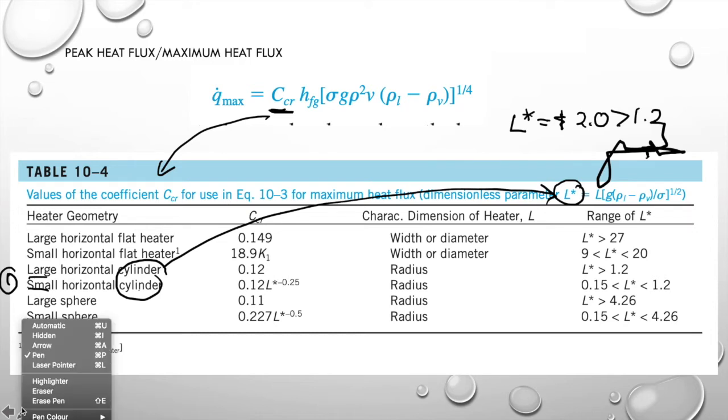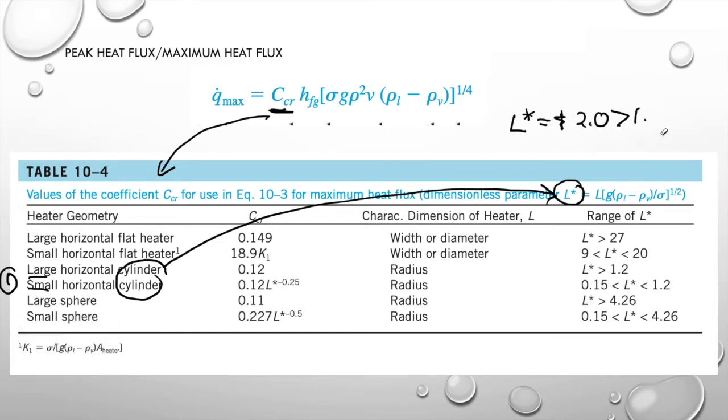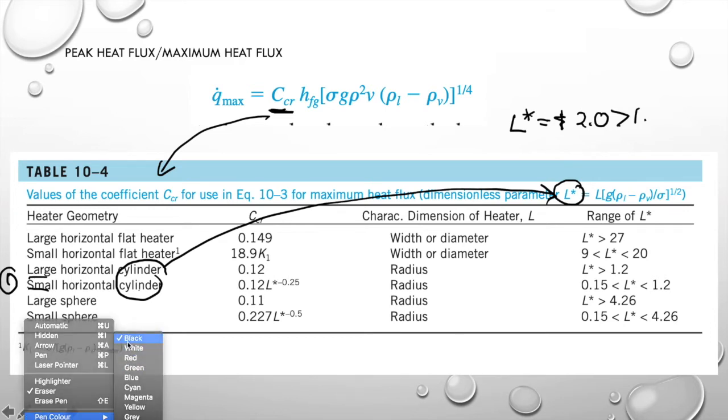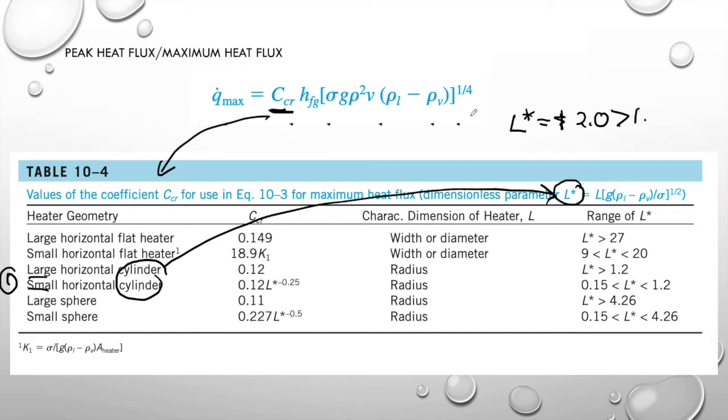So my L star value is 2.0, which is greater than 1.2.